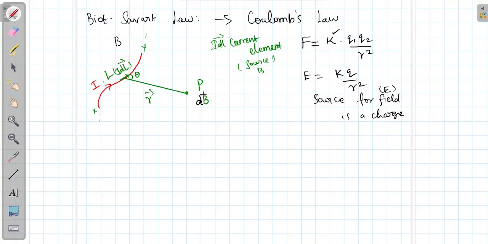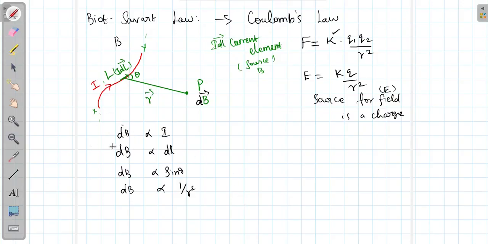For this very small current element, instead of writing B, we have to go for dB. So dB depends on the current passing through the conductor, and on the length of the wire segment, and it is proportional to the sine of angle theta between dl and the r vector, and also dB is inversely proportional to R square.